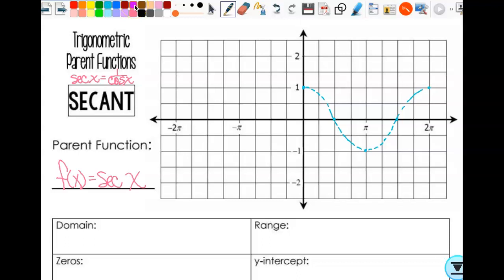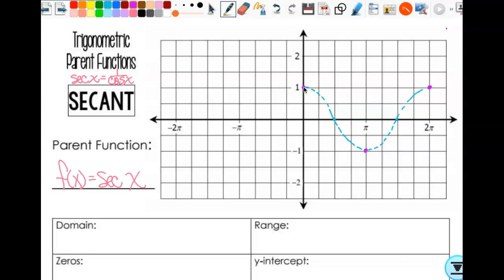So the cosine of 0 is 1, and the reciprocal of 1 is 1. Remember how hard that question used to be? Okay. And then I also have a 1 over here. The cosine of pi is negative 1, so the secant of pi is negative 1.